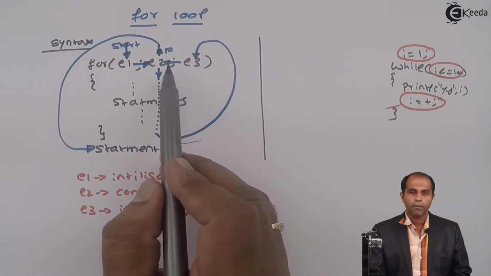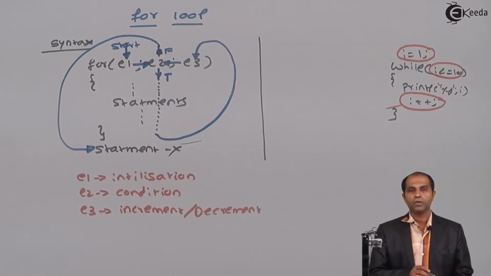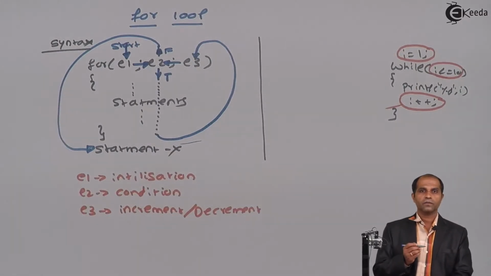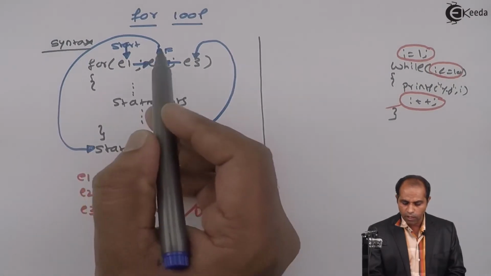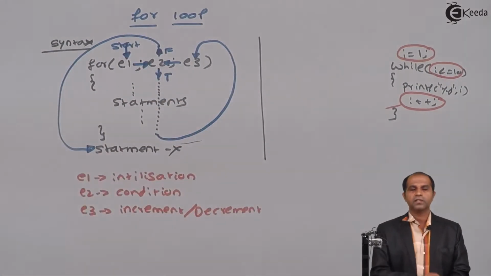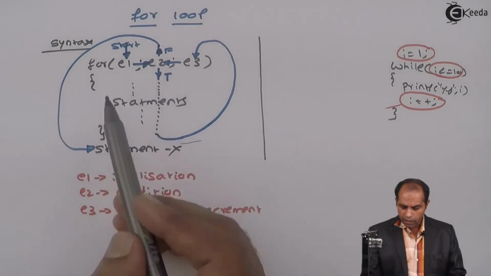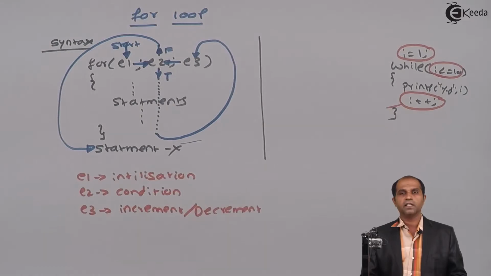After E3, come back and check E2. Again, execute the statements if E2 is found to be true. When you find that E2 is false, you don't execute any of these instructions. Quit the entire body and go back to statement X, that is the remaining program. So here E1 is an initialization, E2 is a condition, and E3 is an increment or decrement expression.